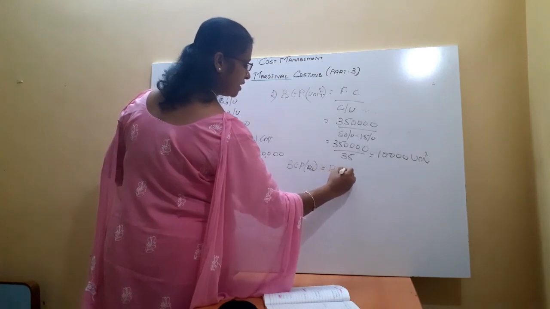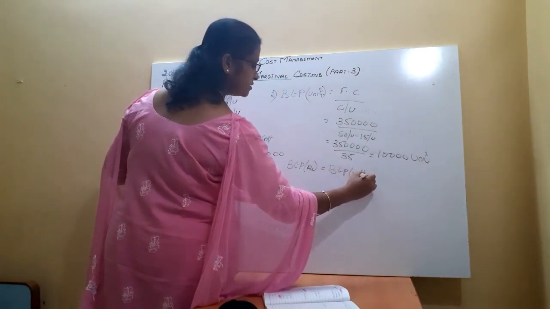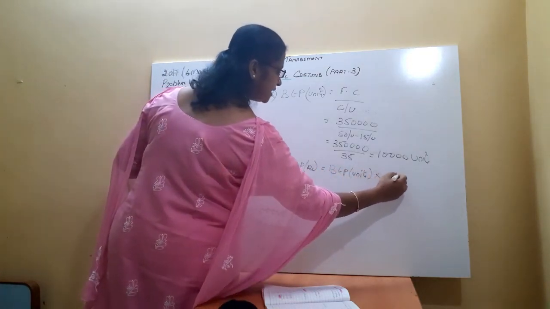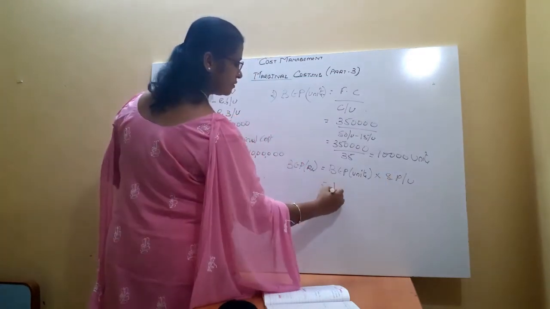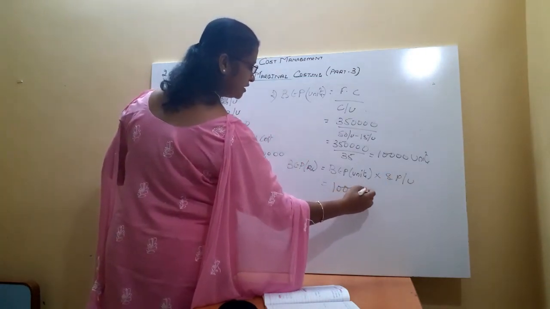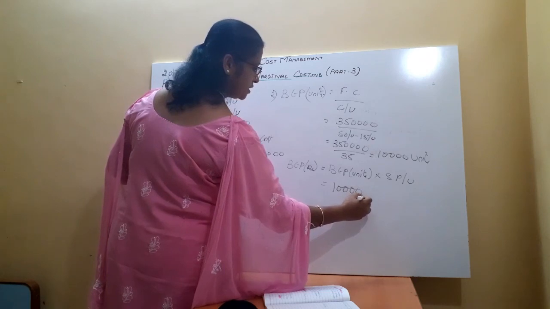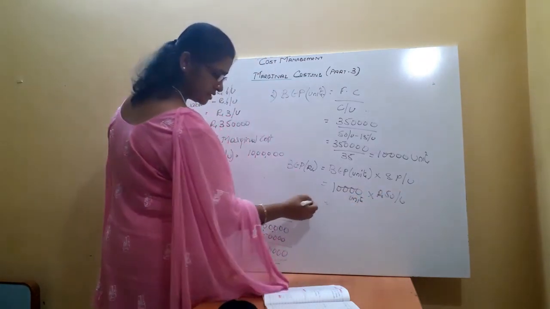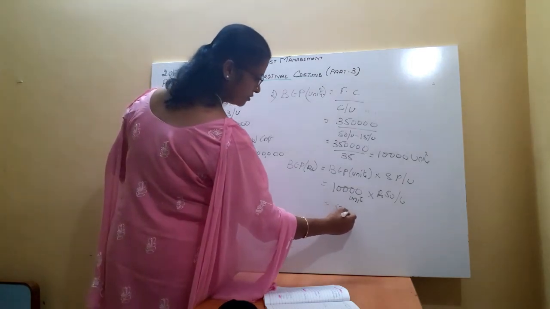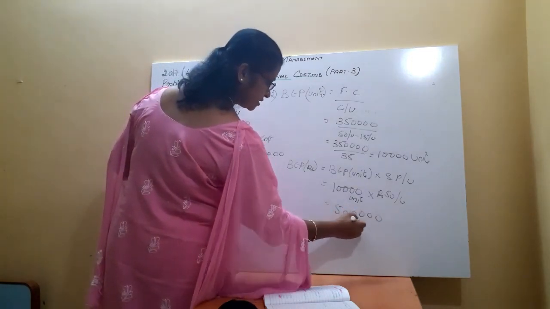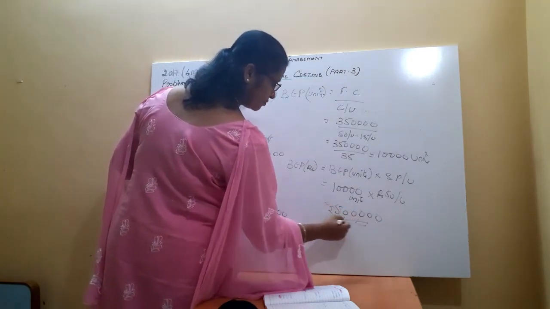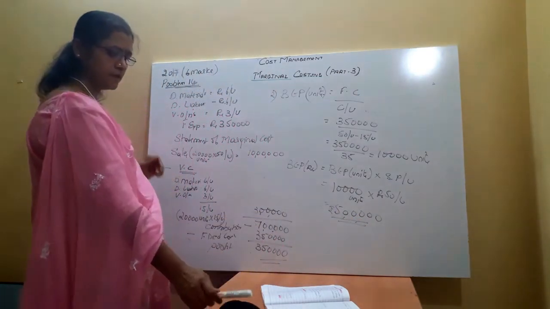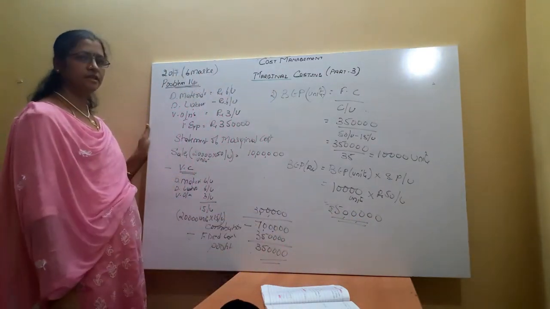So break-even point in units into selling price per unit. Break-even point in units we have calculated as 10,000 units into selling price of rupees 50 per unit. So you get the break-even in rupees or in sales value as 5 lakh rupees. I think it's clear.